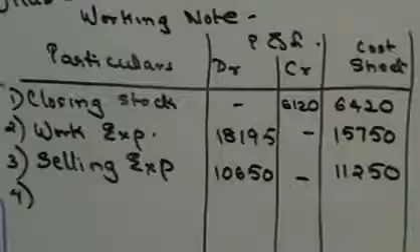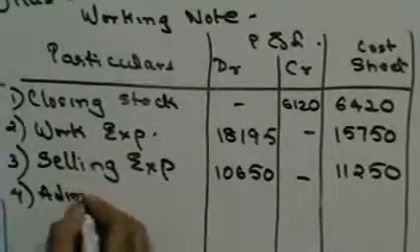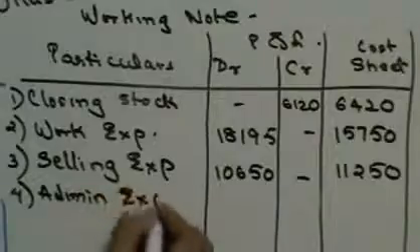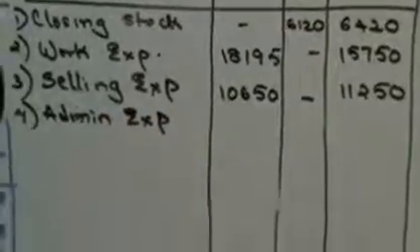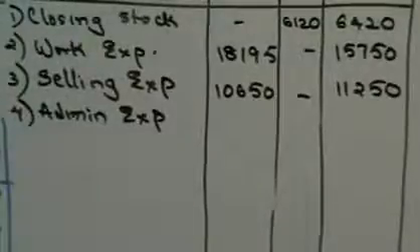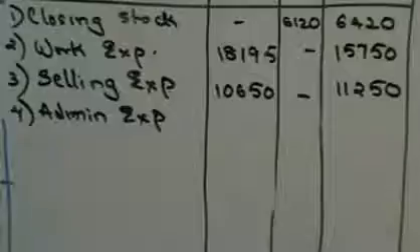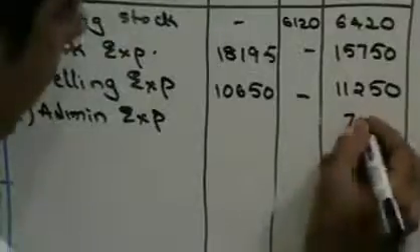Right? After selling expenses, the next is admin expenses. Admin expenses are 10 paisa per unit sold. Now they are saying that 7,500 units have been sold. If you look at your P&L account on the credit side, sales 75,000 units. 75,000 units, 10 paisa per unit is going to be 7,500.